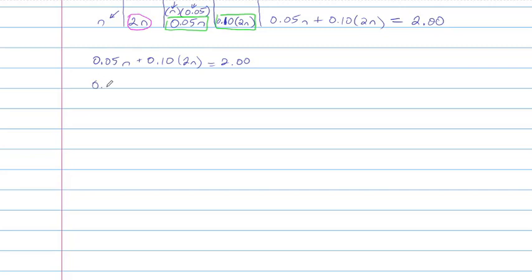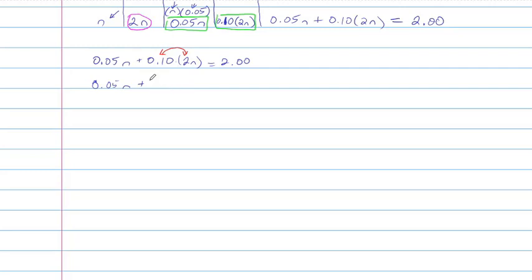There's nothing to do for this first piece, I'm just going to rewrite that as 0.05n. But this next piece is multiplying 0.1 times 2 times n. I can multiply in any order, meaning I can multiply the 0.1 and the 2 together.